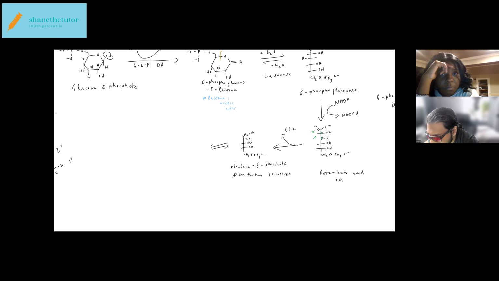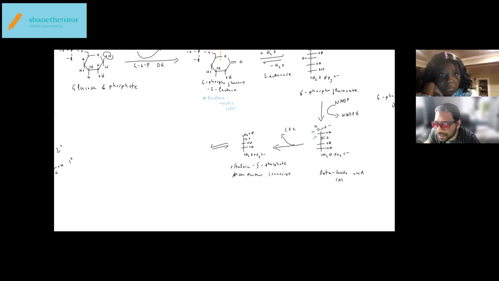And that can be some type of isomerase enzyme to give you your ribose 5-phosphate.